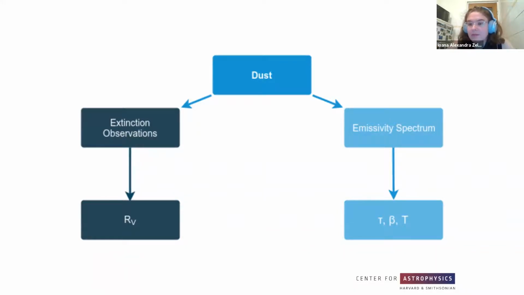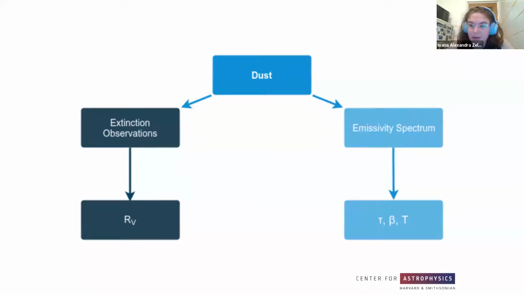So what the Planck satellite and other people have done is they model this emission spectrum using a modified black body emission for the dust. A modified black body is just a Planck function, which is a black body function, multiplied by a power law, which we call frequency to the power of beta. So that's how we get the three parameters: tau, beta, T.